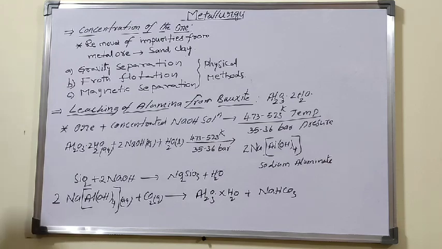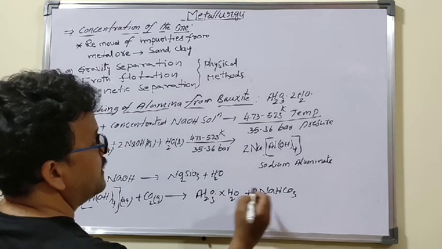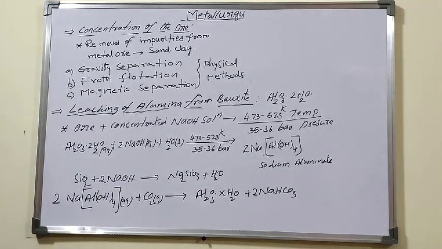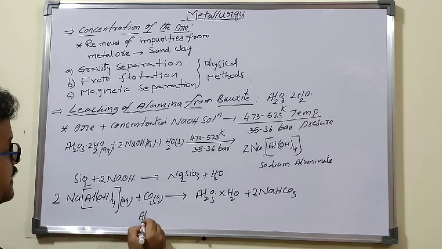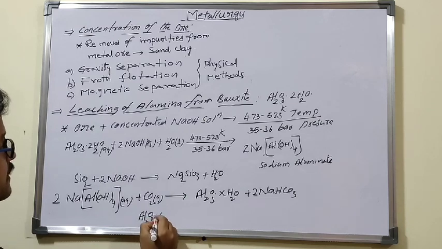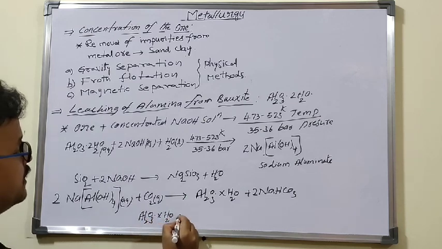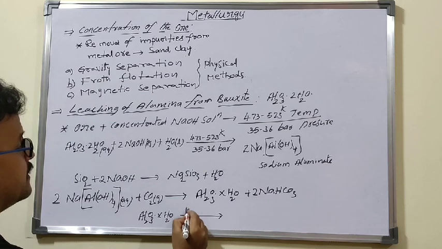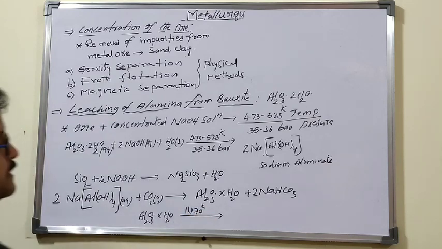Then from this, how can we get concentrated alumina? This hydrated aluminum oxide is going to be heated at high temperature. Look here. Al2O3 xH2O is heated at 1470 Kelvin temperature.